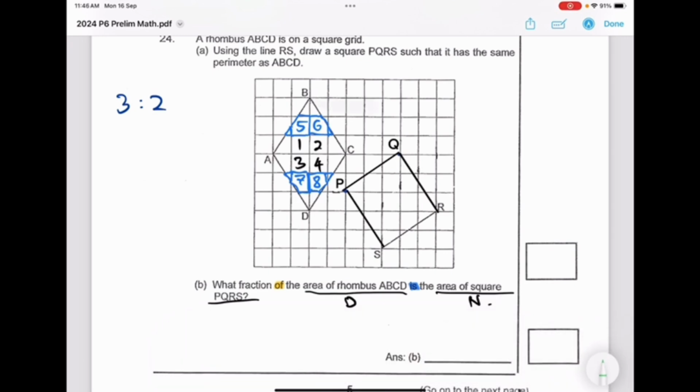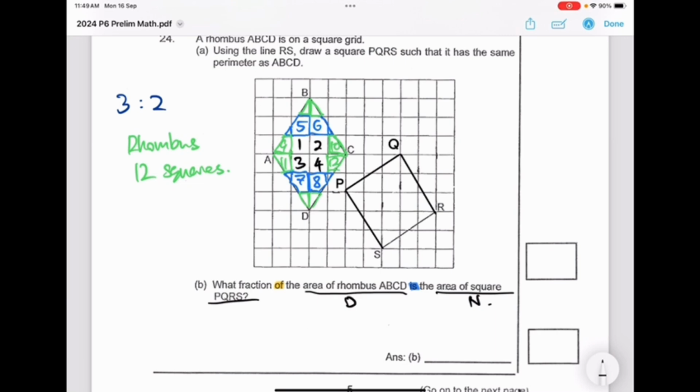And now I have one triangle here and a part that is missing the same triangle. If I move this triangle over here, I have a full square as well. So I want to count the number of extra squares that I have. I will have another 9, 10, 11, 12. So my rhombus has 12 squares.